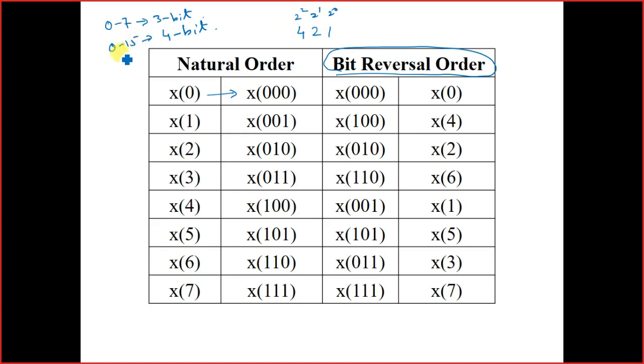If it had been in the range of 0 to 15, then we would have got 2 to the power 3, which is basically 8, right? But we will stick our discussion to x0 to x7.